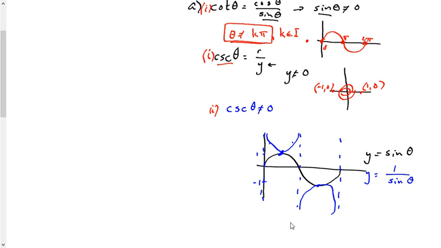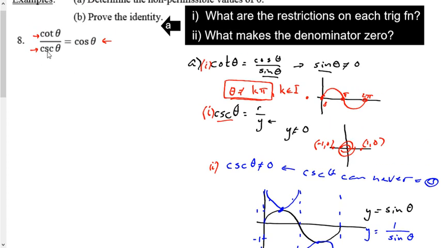Now I wanted you to see this because as you look at the graph of cosecant theta, where is that graph equal to 0? It doesn't get a y value of 0 anywhere. So this never happens. So cosecant theta can never equal 0, which means I don't get any new restrictions by the fact that I have a cosecant theta in the denominator here.